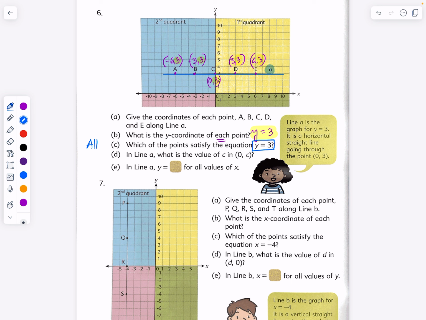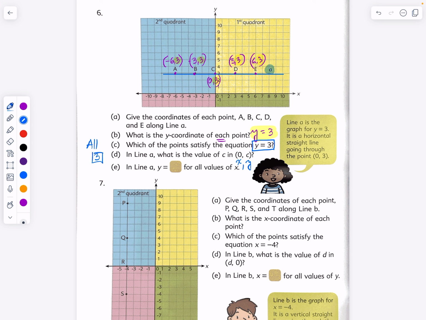Next question, D. In line A, what is the value of y at 0, c? Remember, first value is for x coordinate and y is for location up and down. We know that y is always equal to 3 according to this rule.